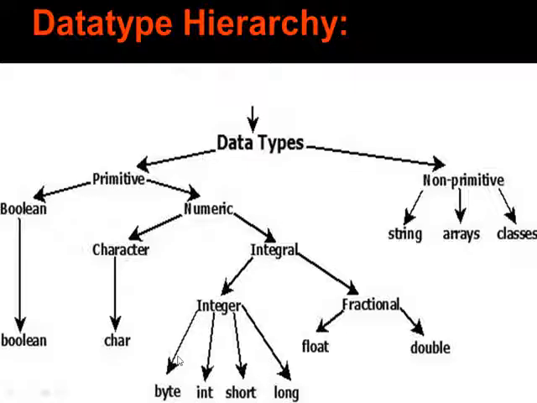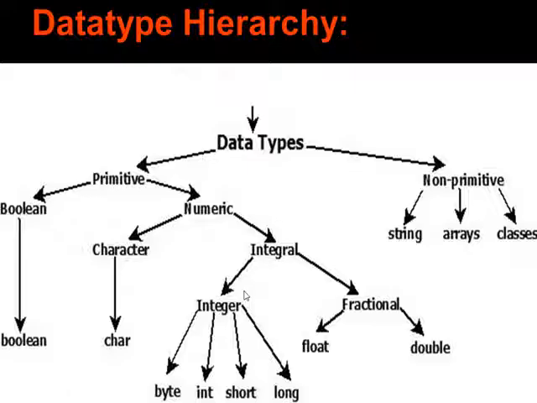Byte has some range, and if you want to store a value which exceeds the byte range, then you should go for short. If you have a requirement to store a value which is more than the range of short, then you should go for int. And if you need to store more than the range of an integer value, then you should go for long. Likewise, you should select your data type according to the range.